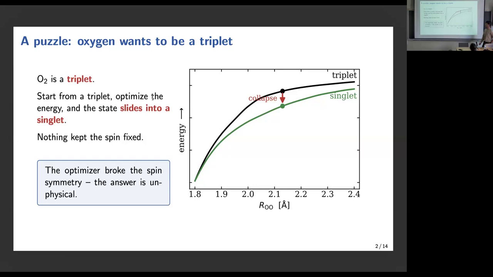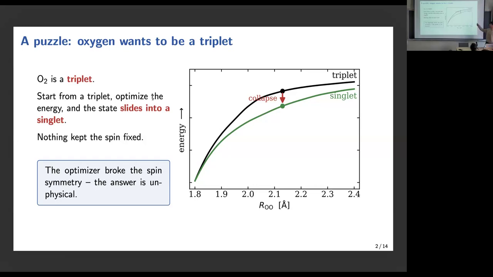One of the ways that people use, a near-term way, is to use a variational calculation to get the ground state wave function or the ground state energy. Well, the problem with the naive or currently used approach is that when you're trying to do this variational optimization, the optimizer seems to break the symmetries of the molecule.